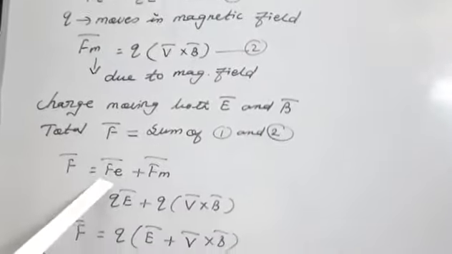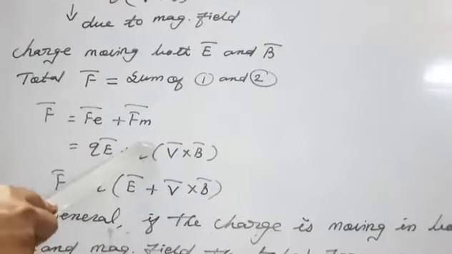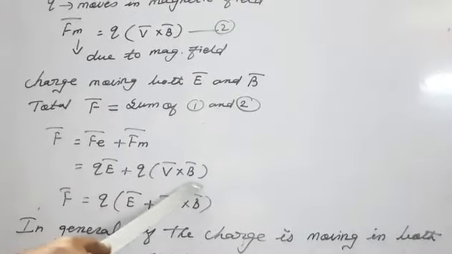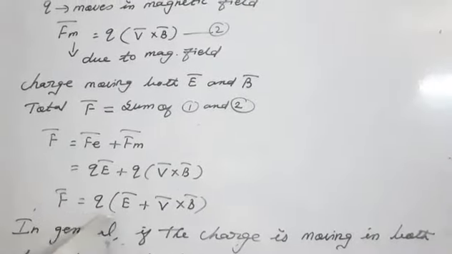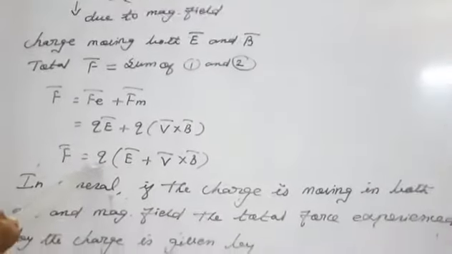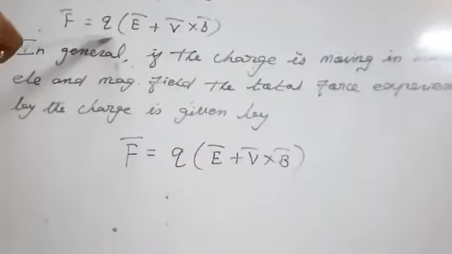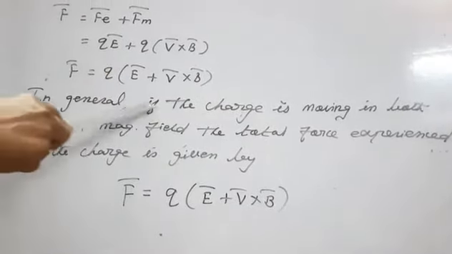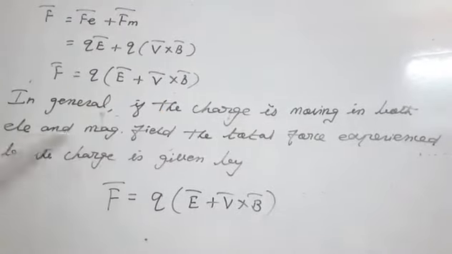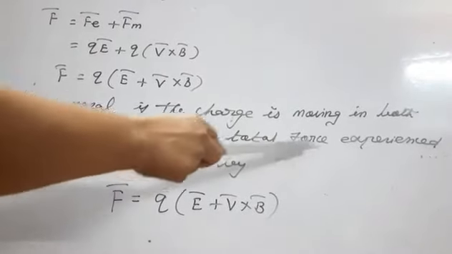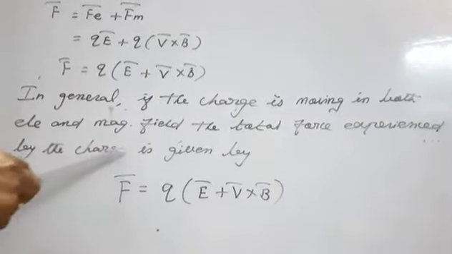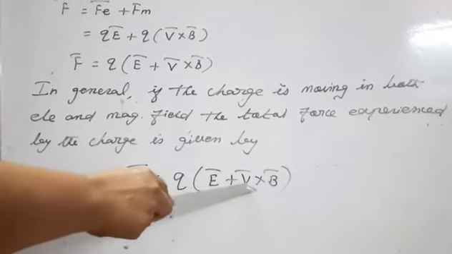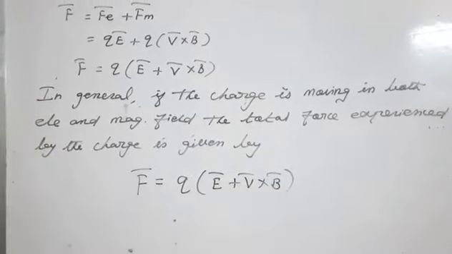Therefore, F vector equals Fe vector plus Fm vector, which is q E vector plus q v cross B vector. Since q is common, we take it out. Therefore, F vector equals q into E vector plus v cross B vector. So, in general, if the charge is moving in both the electric and the magnetic field, the total force experienced by the charge is given by F vector equals q into E vector plus v vector cross B vector.